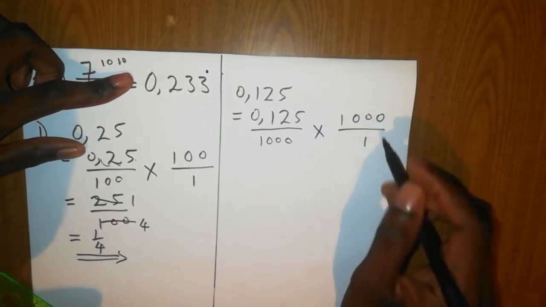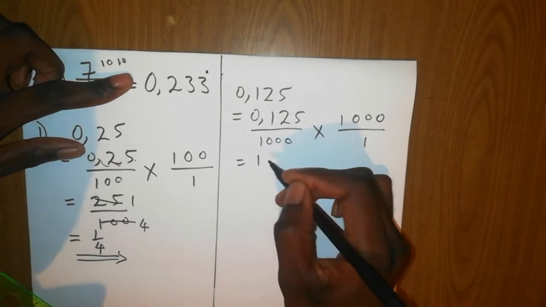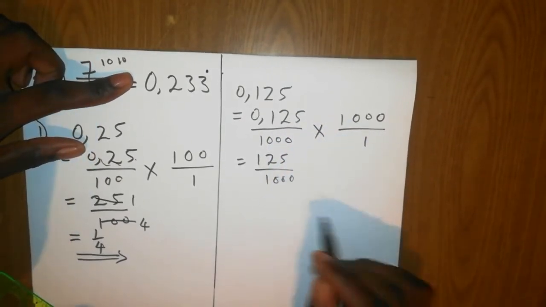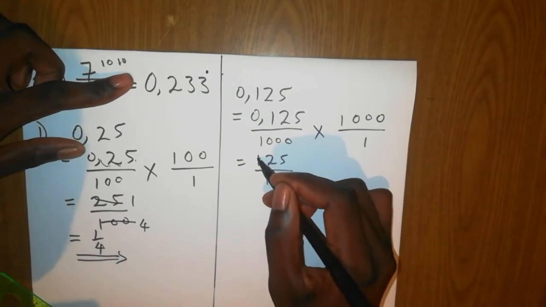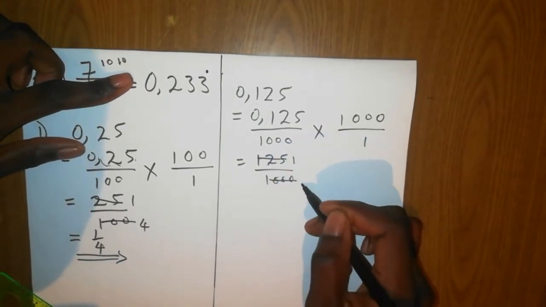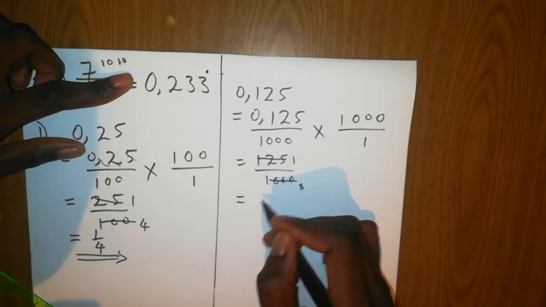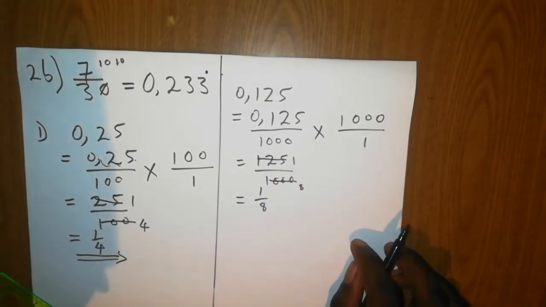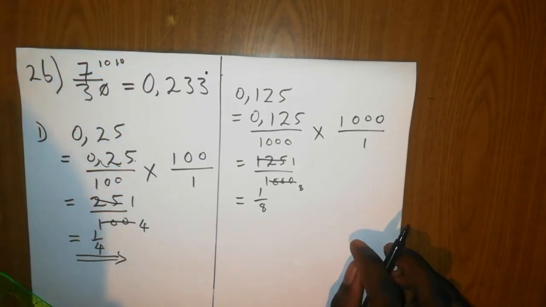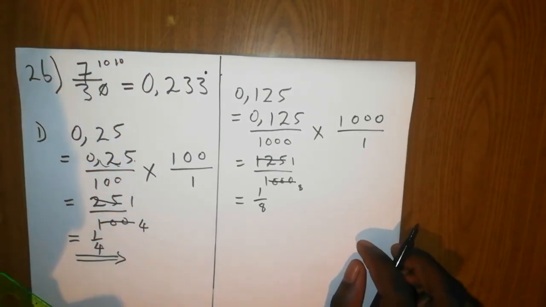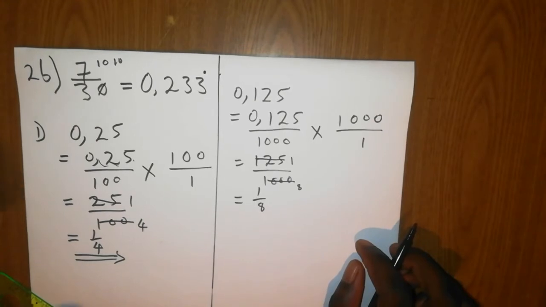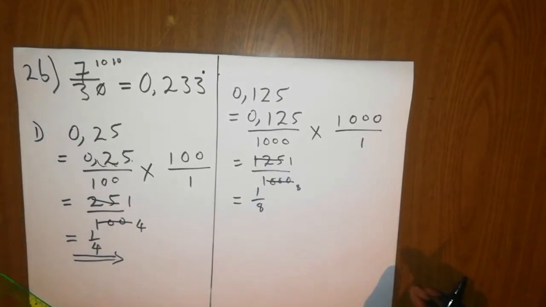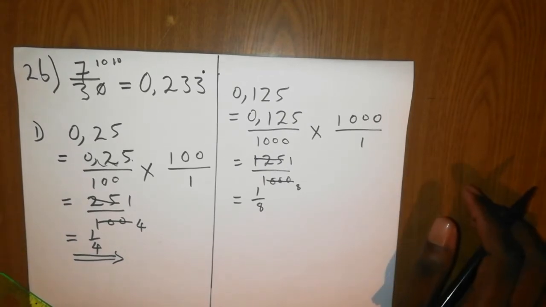So in this case, automatically you're going to obtain 125 over 1000. Then as I reduce here, 125 into 125 it's 1, 125 into 1000 it's 8. So your answer is equal to 1 over 8. Those are the typical questions that you find that will require your answers to be in fractions.